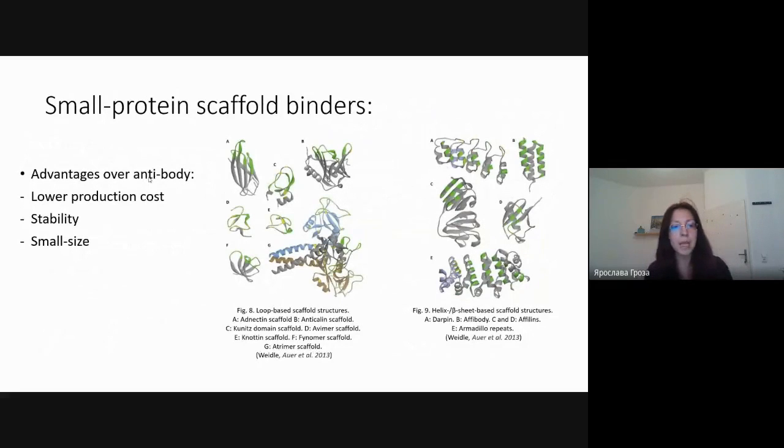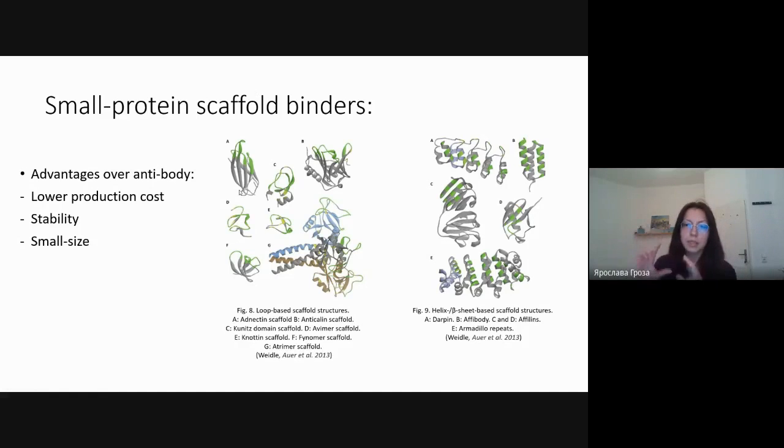As I said, antibodies are great molecules that were evolutionarily developed by our organism, but they are big and have a complex structure, they need post-translational modifications, and they have to be produced in mammalian cells, so they are actually very expensive. There is an alternative approach to antibodies. It's a small protein scaffold.